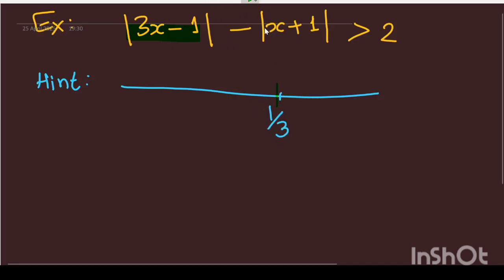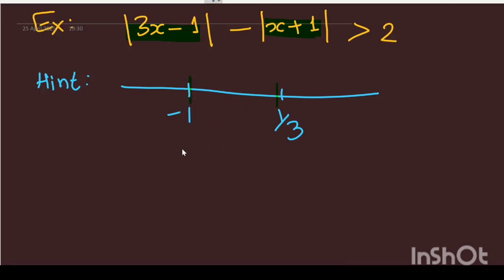And mod x plus 1 would be defined at x equals to minus 1. So 1 by 3 and then x plus 1 is defined as minus 1.